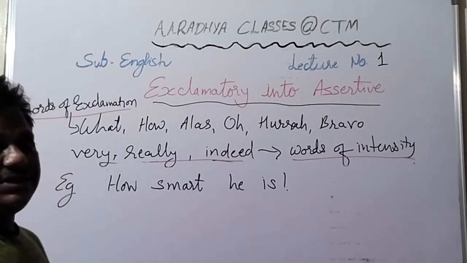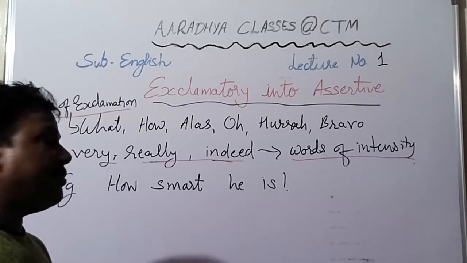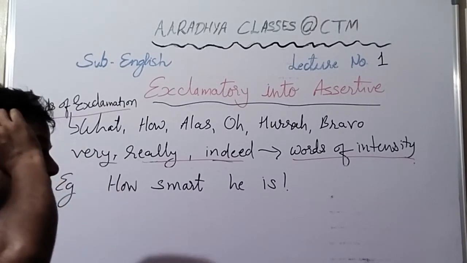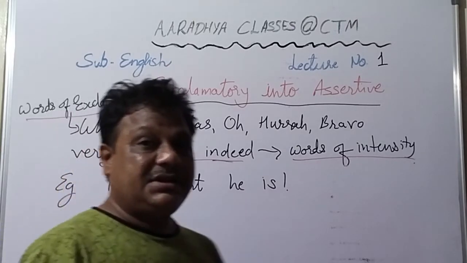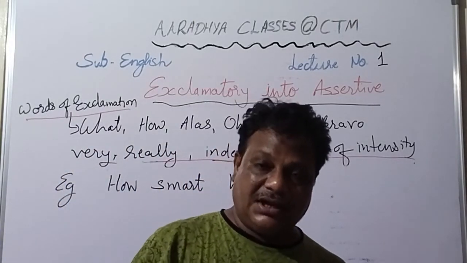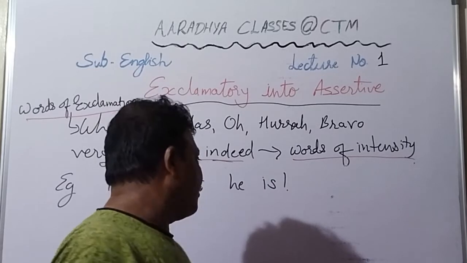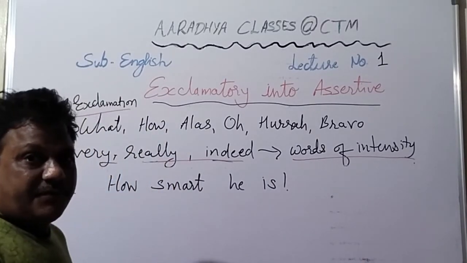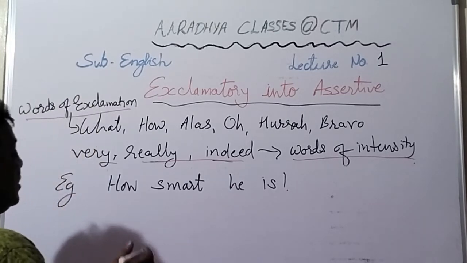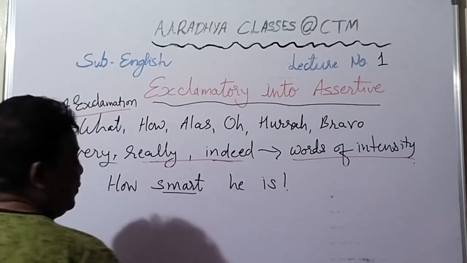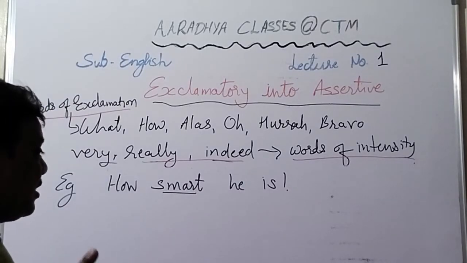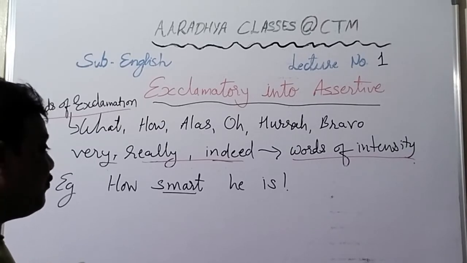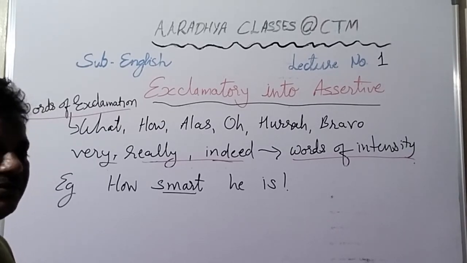In how sentences you have neither adjective nor noun. In the earlier sentences, what a beautiful rose it is, article a was there, beautiful was the adjective, and the noun rose was also there. But here you have only the adjective. So when noun is not there, article is also not there. So in how sentences you won't have article and noun.